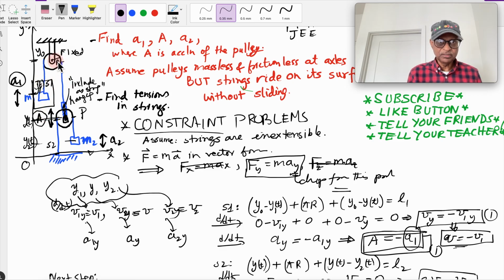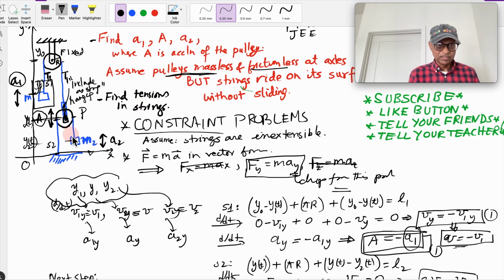So this string will have one single tension. Why? Because this pulley is massless and frictionless, so this whole thing will just have one tension. So let's call it the tension for the pulley string 1. So tension for the 1.